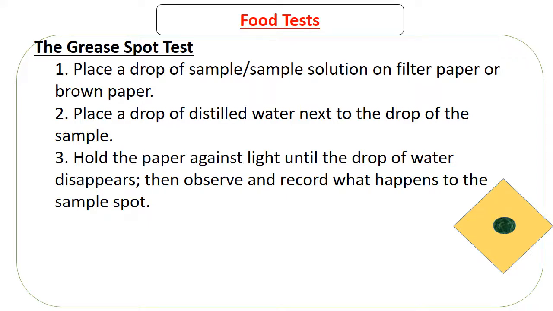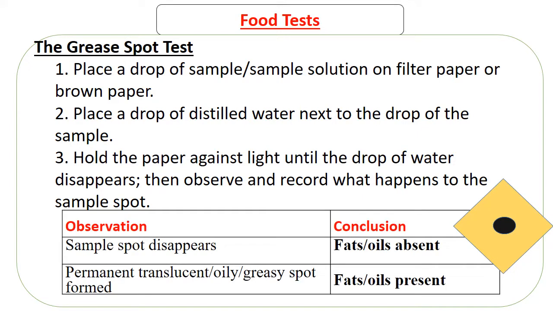So when you do step 3, if your solution forms a permanent translucent spot, then you have lipids in your food sample. If your sample spot disappears, fats or oils are not present.